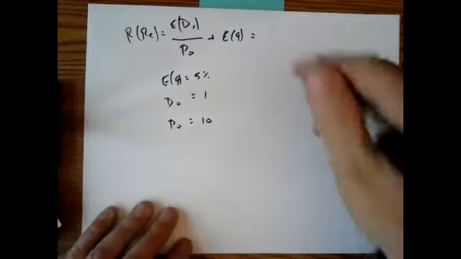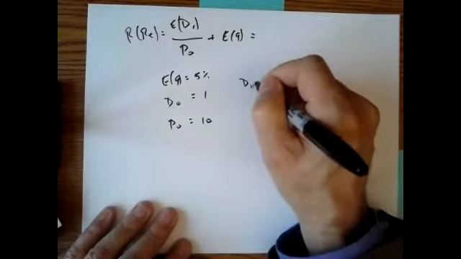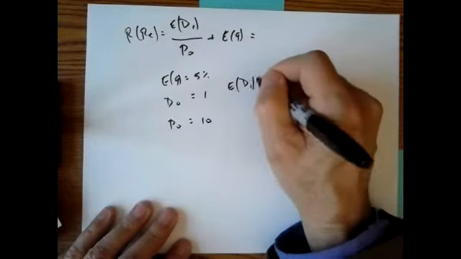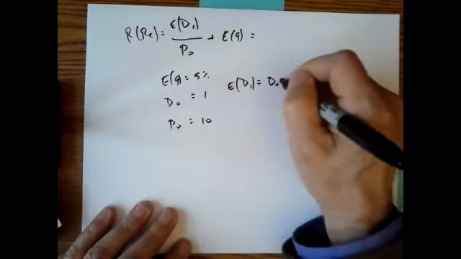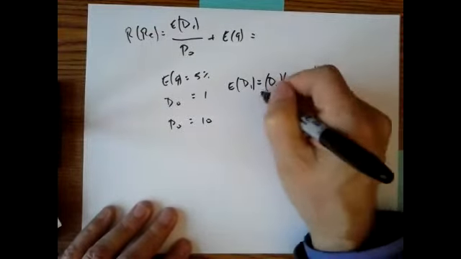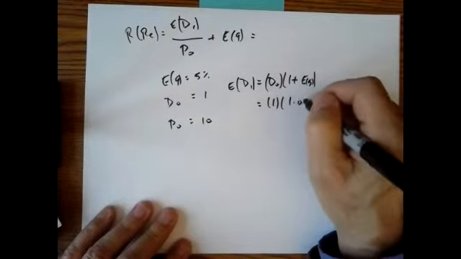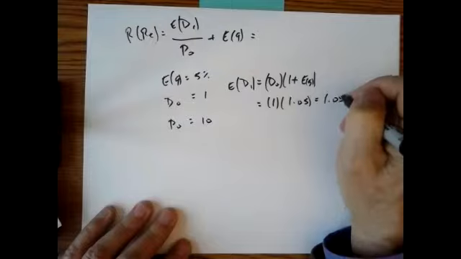So remember that ED1 is equal to D0 times 1 plus EG. In this case, that would be 1 times 1.05. So that's 1.05.